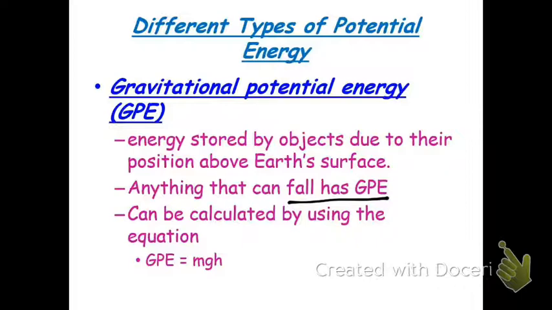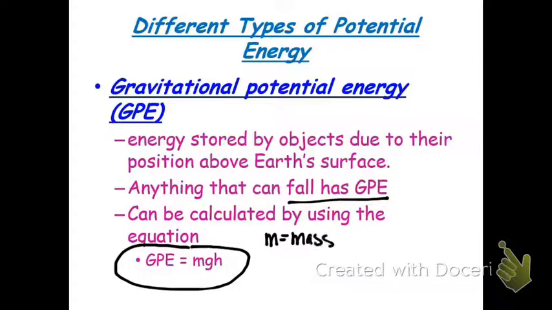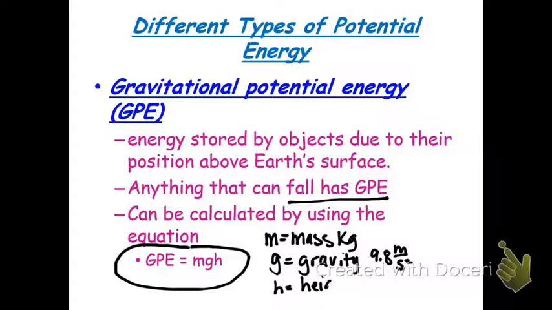It can be calculated using this equation, GPE equals mgh, where m is the mass in kilograms. The g is gravity, and since we're on Earth, gravity is 9.8 meters per second squared. And h is the height of the object, meaning how high it is above the ground, in meters.